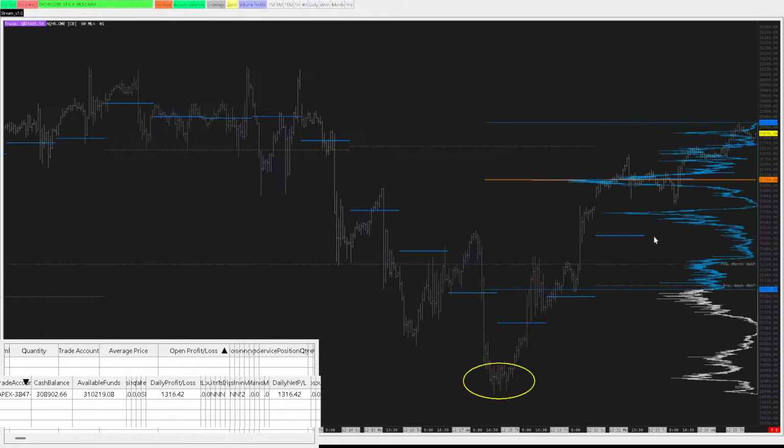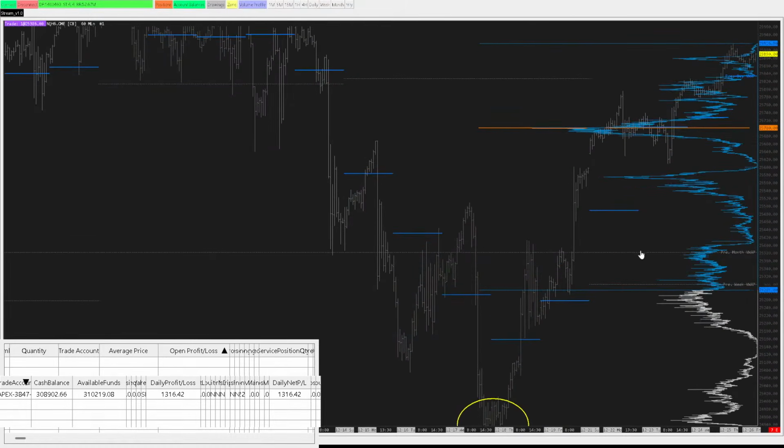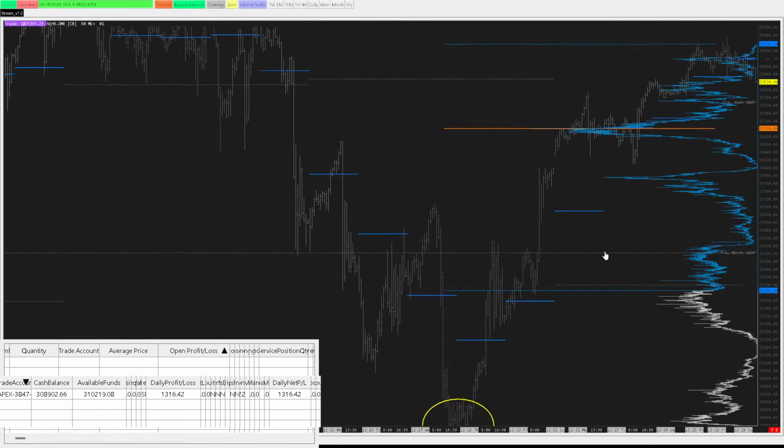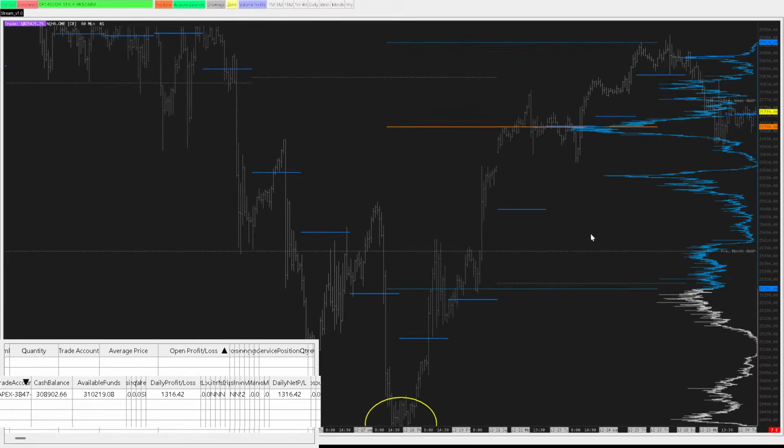Now, I know it's going to be a little funky, but now as price comes back down through this, you start looking for areas like right here. I like to buy high volume node edges or volume ledges or low volume nodes.